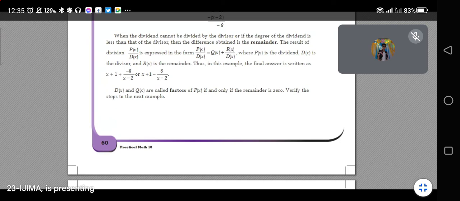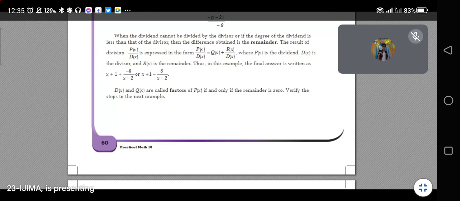Okay, this one class, no, yung x plus 1 plus, we are in the quotient and the remainder. Take note of that, no? I've been telling you the polynomial operation there, it's by default, it's plus, no? A plus, if you are seeing a minus there, it means to say that the sign is a negative, a plus and a negative, no? So for this case, it's x plus 1 plus a negative 8 over x minus 2.